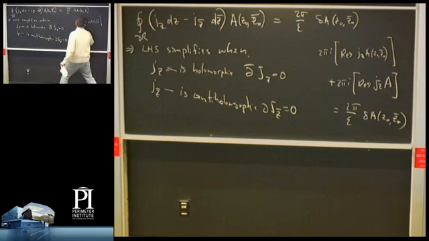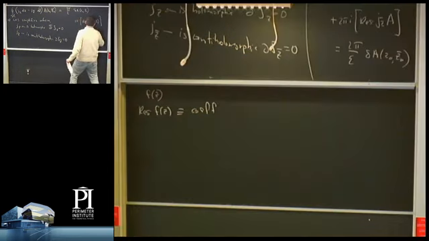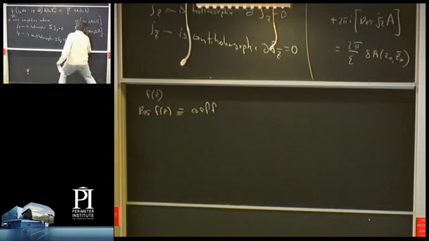So I will have plus 2π i times the residue of j_z̄. And so it must be equal to 2π over epsilon delta_a(z_0).